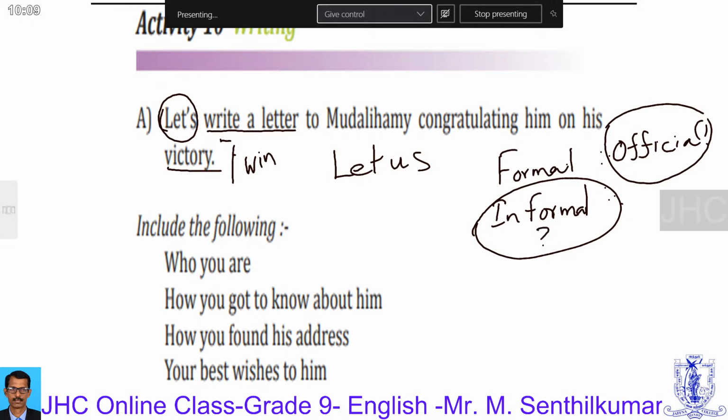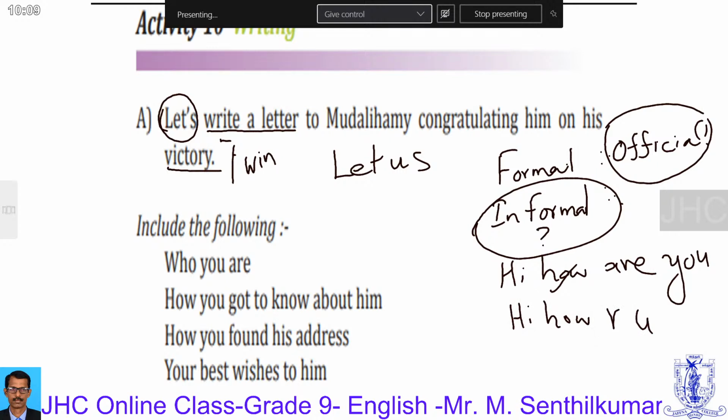Informal means any other style. There is no particular style. Hi, how are you? Even if you write hi, how are you, it's accepted. But don't write it in SMS form. Some of you write like that. This is wrong, SMS language. If you write this SMS language, from the exam point of view, they cut it.